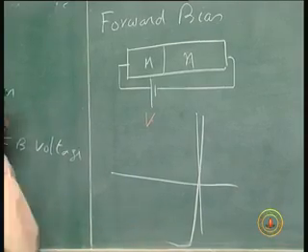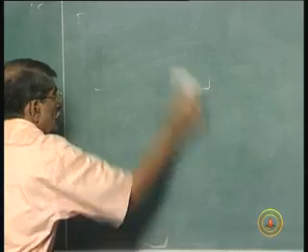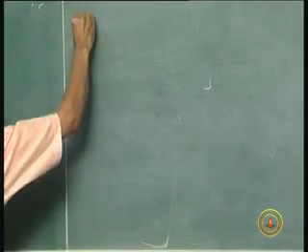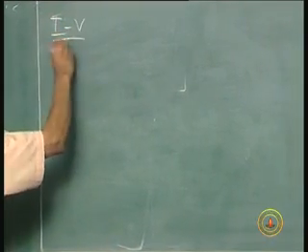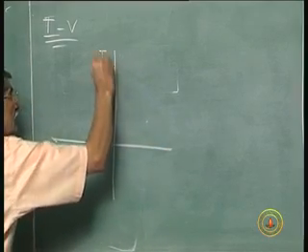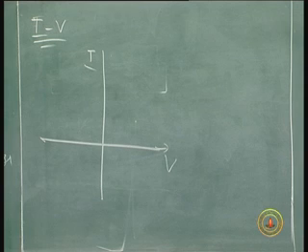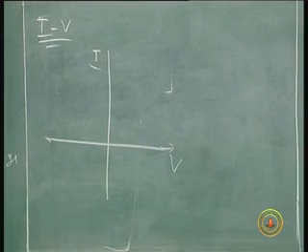Let me just draw it separately here. So, the diode characteristic IV is current versus voltage. You can write it still as I equals I naught times e to the power V by V t minus 1, that is like this.